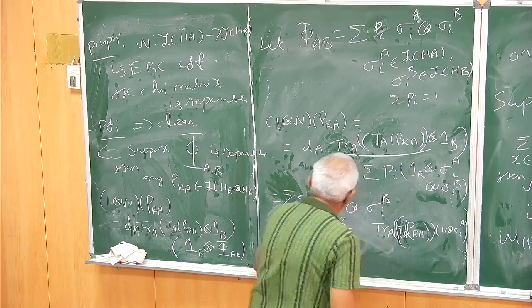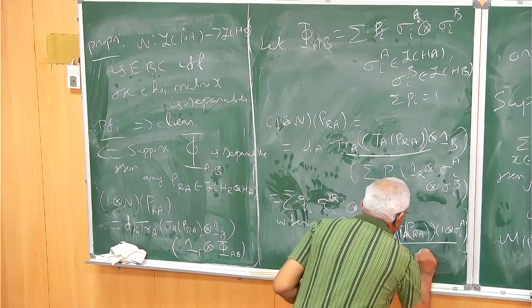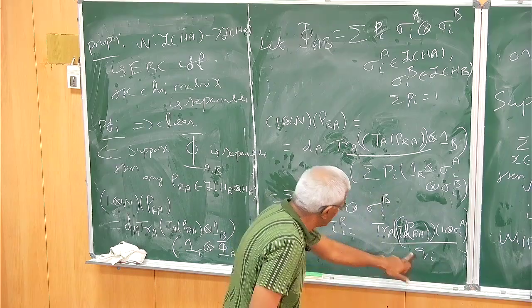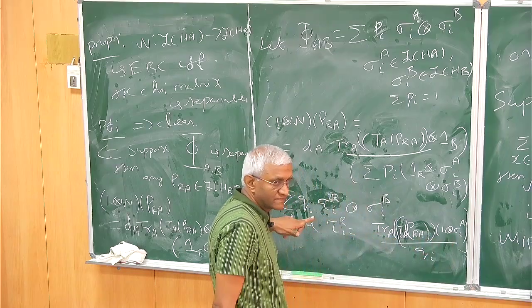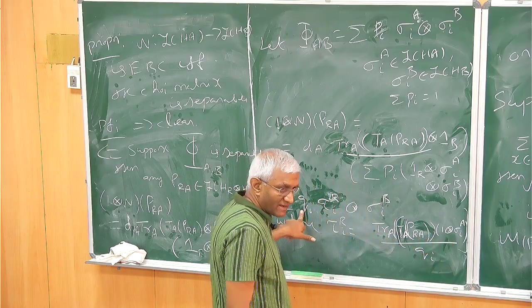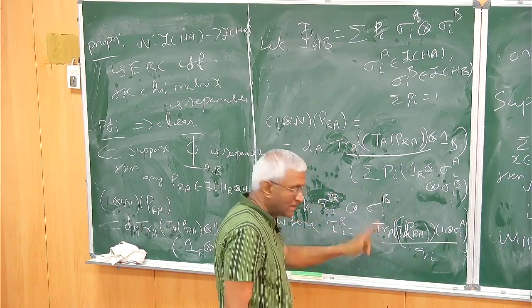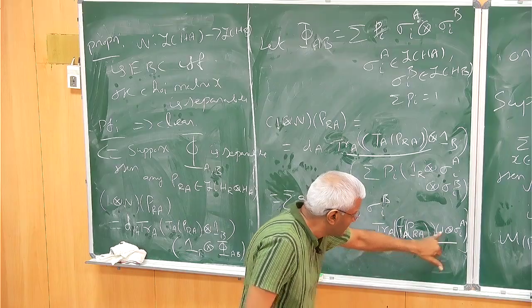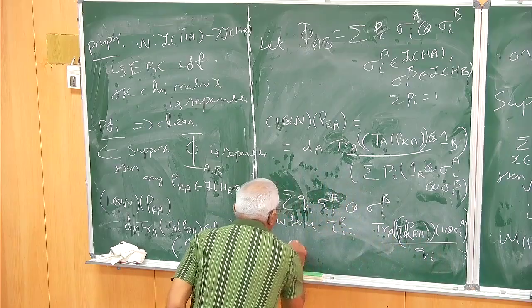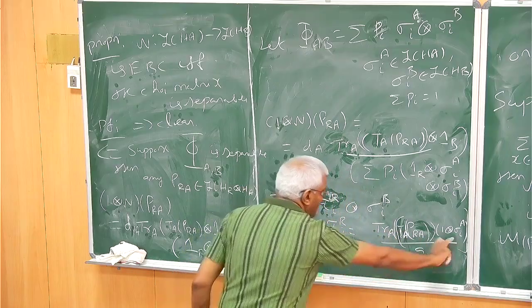You have the trace of this divided by QI. What is QA? QA is just the trace of this. So you get QA here, so that this becomes a state. So I have to compute QA, means I have to compute the trace of this. And QI is equal to just the trace of this.